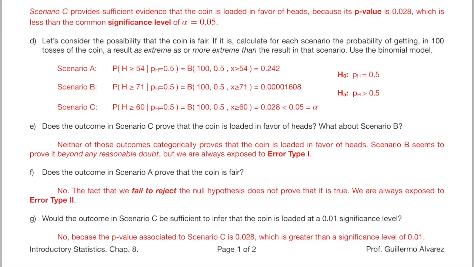Otherwise, you could be influenced by your personal wishes. For example, if you prefer to reject this null hypothesis, you could say, I'm going to use a significance level of 0.05. And if you prefer not to reject it, you could say, I'm going to use a 0.01. In this way, I don't have sufficient evidence to reject the null hypothesis.